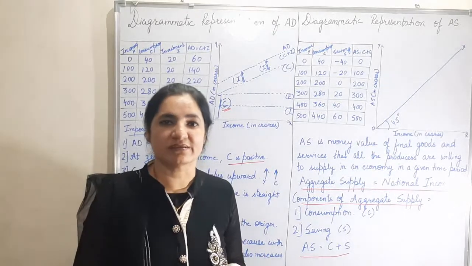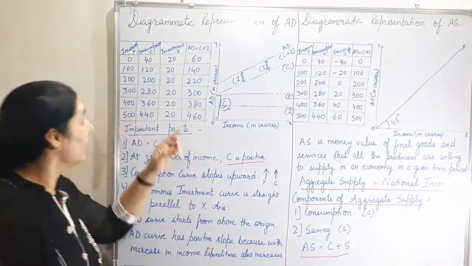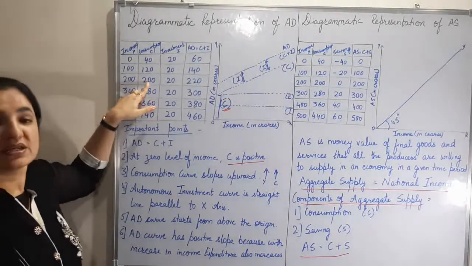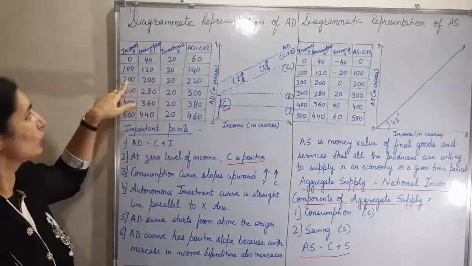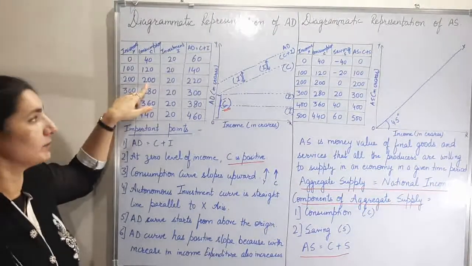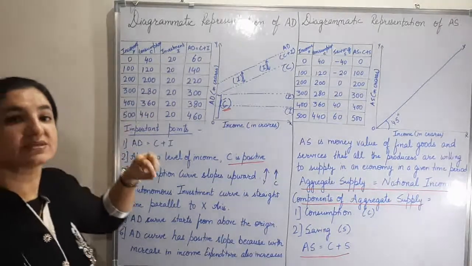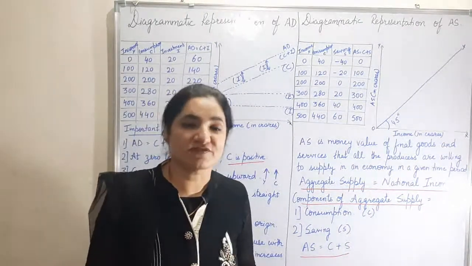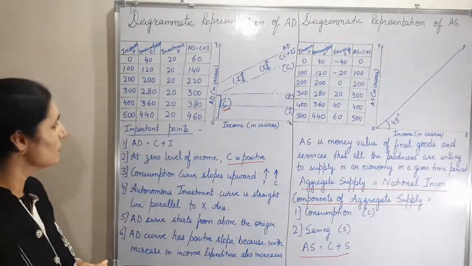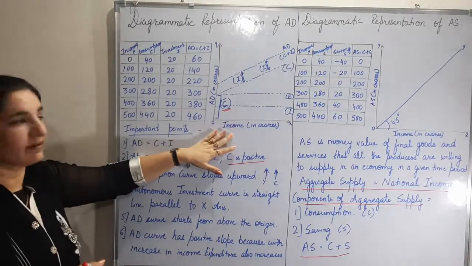We are considering that when a person becomes self-sufficient, that is at the 200 level of income, whatever is his income, he is consuming the whole of it. Further, the income is more and consumption is less, because now the person, as he is self-sufficient, is trying to save something. So with this, we can arrive at the diagram.